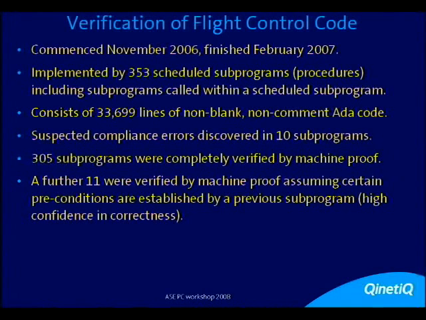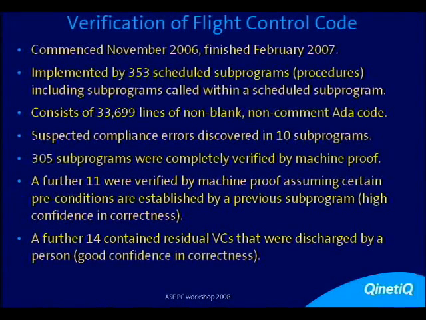So there were some aspects of using code style or maybe efficient algorithms because of the hard real-time aspect of it, which we hadn't come across before. So those further 11, also assuming certain preconditions being established by previous procedures, which were scheduled before the procedure that we were verifying.